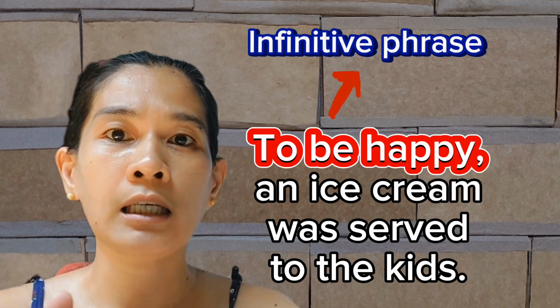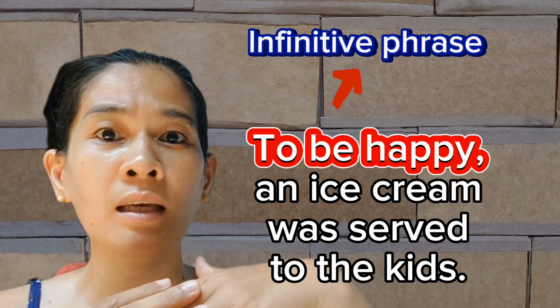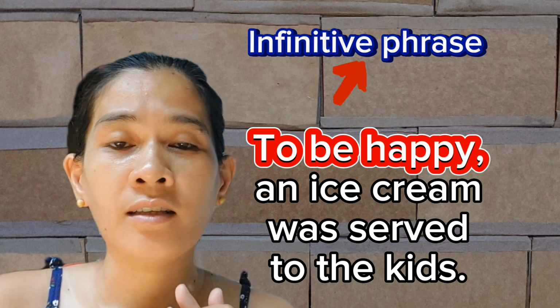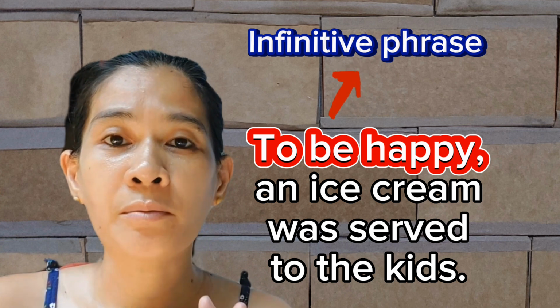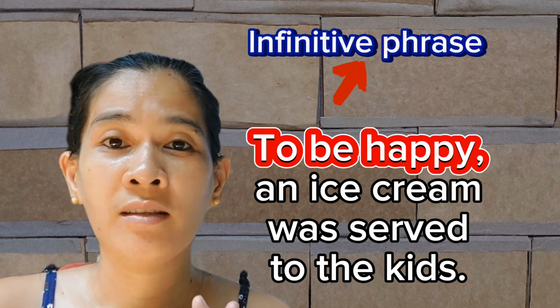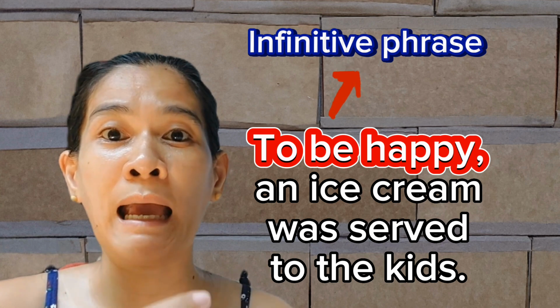Now, looking at it, who are you describing to be happy? There's none in the sentence. So there's no clear word being modified. You wouldn't say that the ice cream is the one that should be receiving the description of being happy.